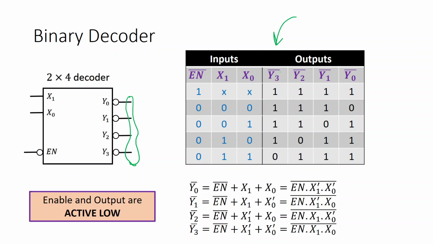All the signals which are termed active low, you should write with a bar and evaluate for that bar expression only, and whatever comes out, that you implement.